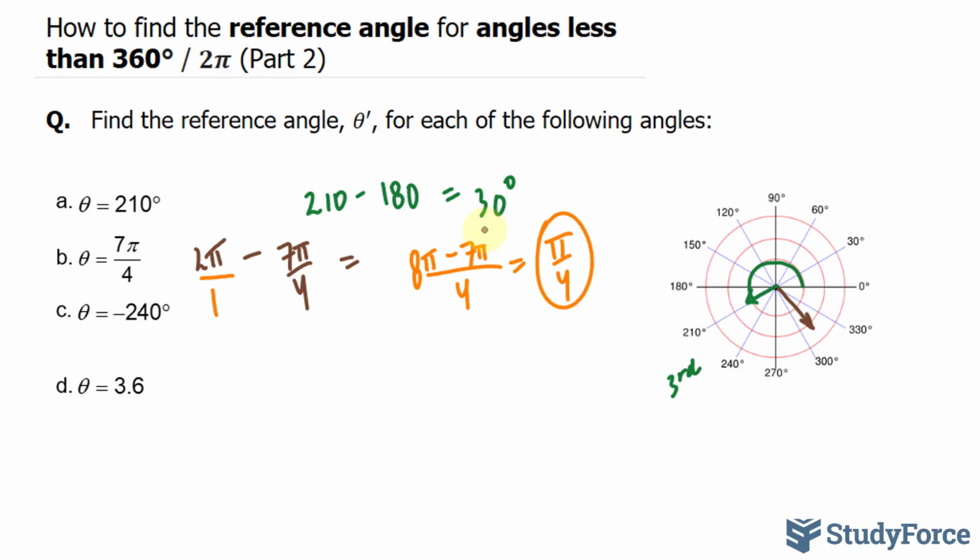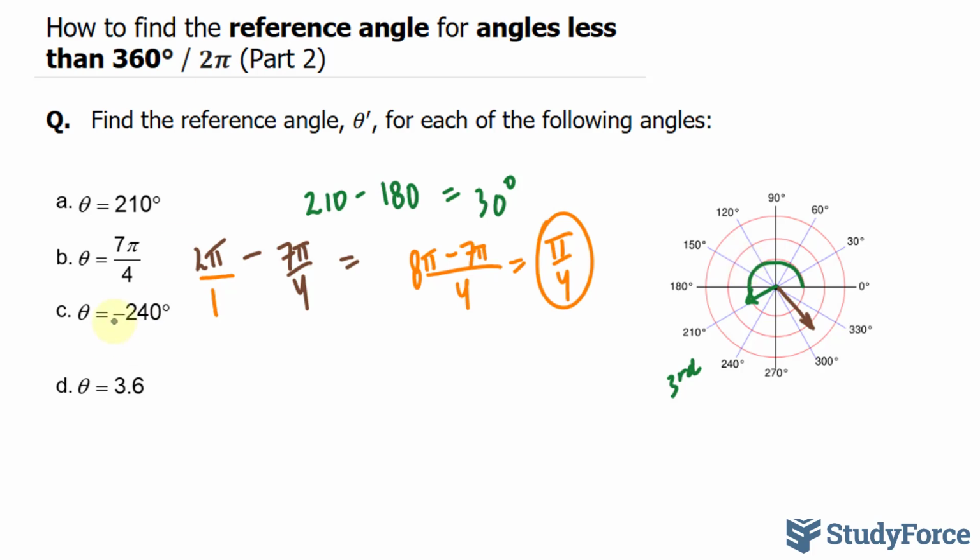Our next example, C, is theta equal to negative 240 degrees. Some people might have a hard time visualizing where this might be. The negative suggests that we're going clockwise, and negative 240 is beyond 180 in magnitude. So if we're going this way, it would be somewhere in this quadrant, the second quadrant. If you have a hard time visualizing that, just find its coterminal angle.